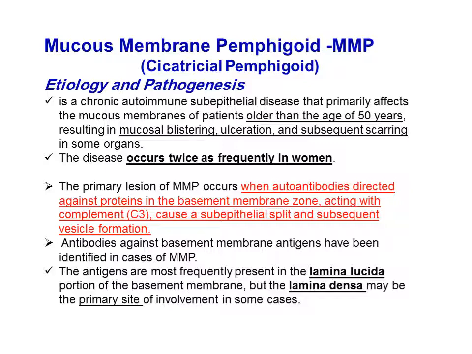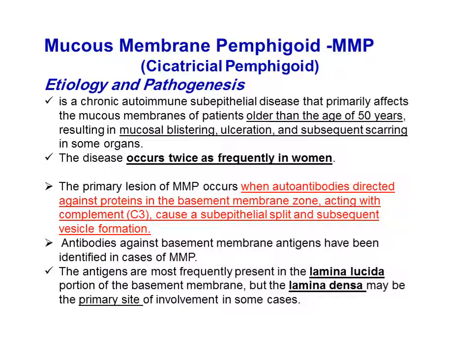Mucous membrane pemphigoid, or cicatricial pemphigoid, is a chronic autoimmune subepithelial disease that primarily affects the mucous membrane in patients older than 50 years of age. The lesions appear as mucosal blistering, ulceration, and subsequent scarring in some organs.